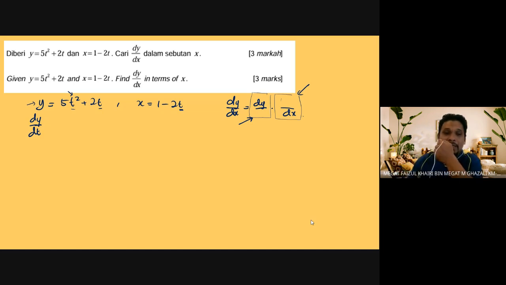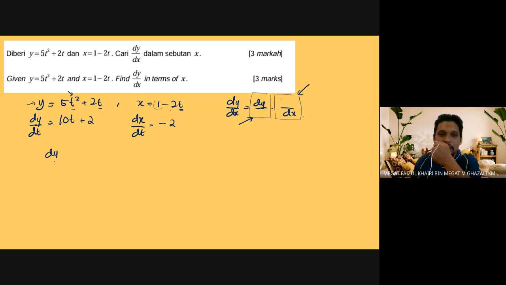So dy/dt means that we differentiate the variable y with respect to t, just as usual. The derivative of 5t squared is 10t, plus the derivative of 2t, which is 2. For x, the derivative of x with respect to t: the constant differentiates to 0, and what we have here is negative 2.